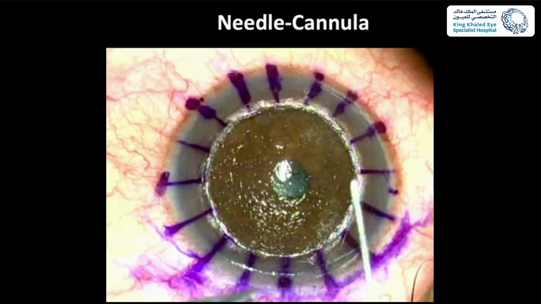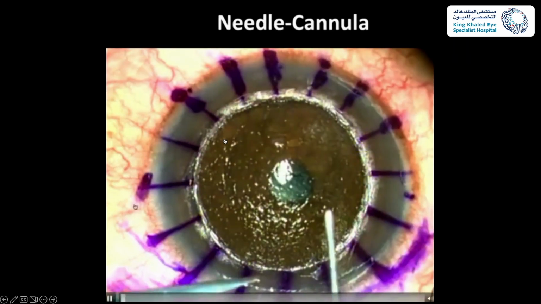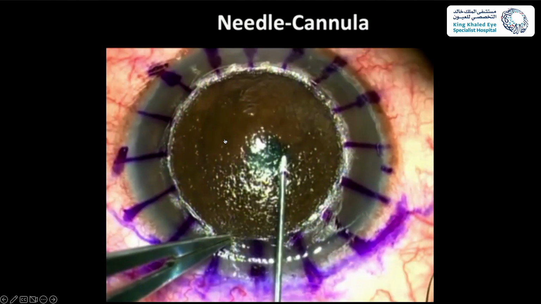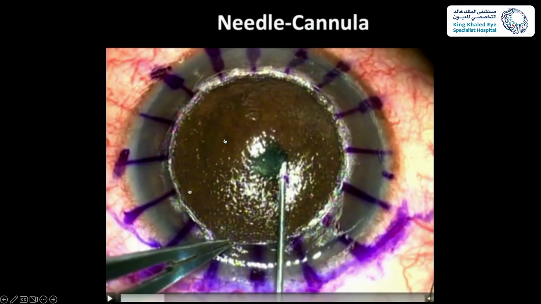One of the tricks that I do to avoid problems or perforation is I mark my needle. I just introduce my tunnel, and then I follow this with, sorry, the video has some lag, and then I introduce a cannula, and then I go in deeper to get my big bubble. Just let me wait for it.